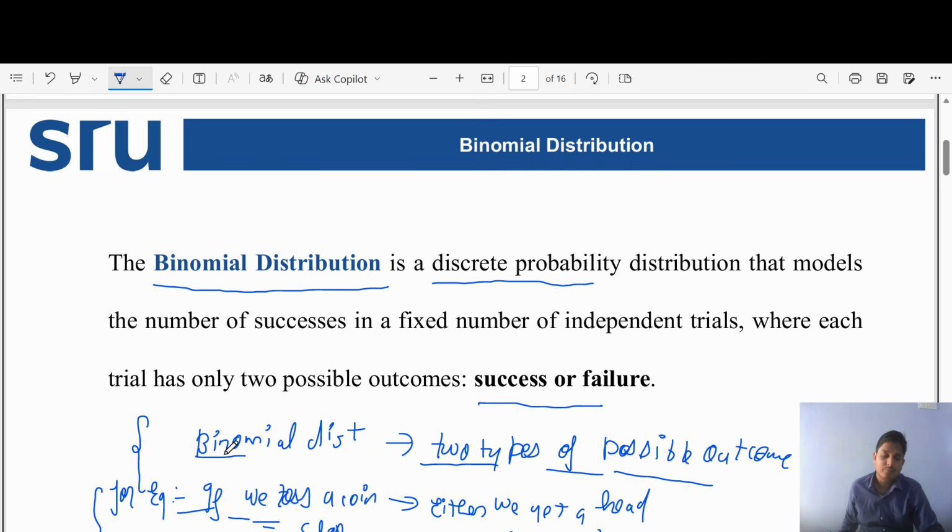Either they are successes or they are failures. So all these examples are in the category of the binomial distribution, and the number of successes in a fixed number of independent trials is also available.